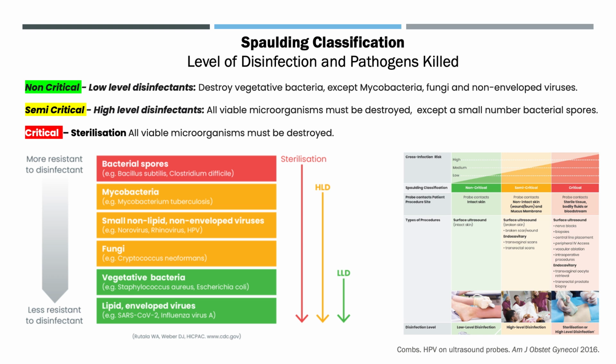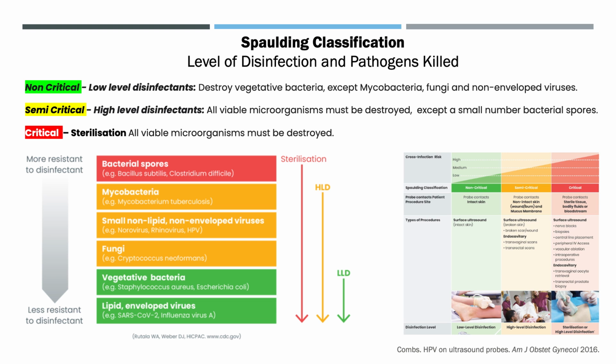and E. coli. High-level disinfection then will cover the fungi and the small non-enveloped viruses, of particular importance here things such as norovirus and HPV, both of which could be found in stool. It also covers mycobacteria, tuberculosis, and other mycobacteria.